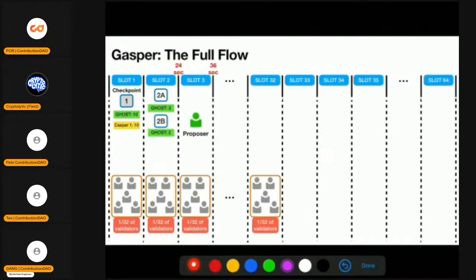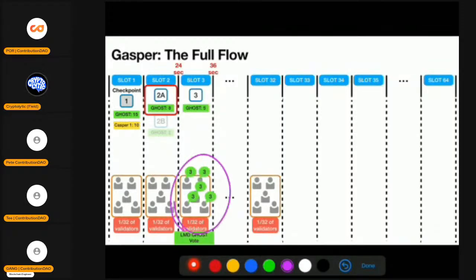And again, block 3 would build on top of this fork, because it has higher weight than 2B. So you have block 3 here built on top of 2A, and then this validator makes the LMD Ghost vote, the weight affects here and here, but does not affect 2B because 3 does not build on top of 2B.